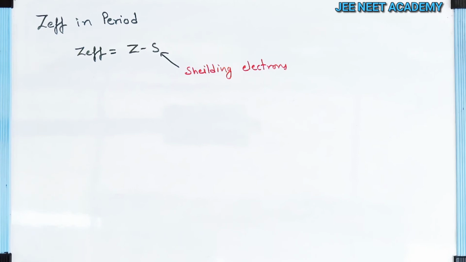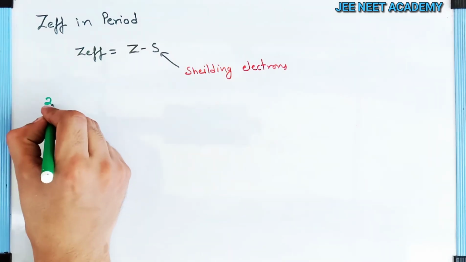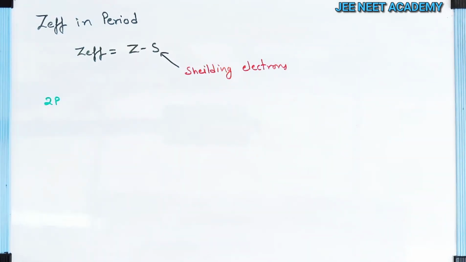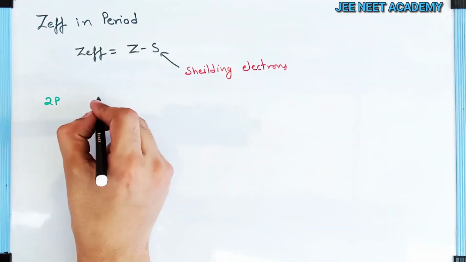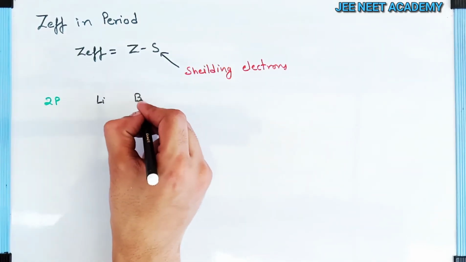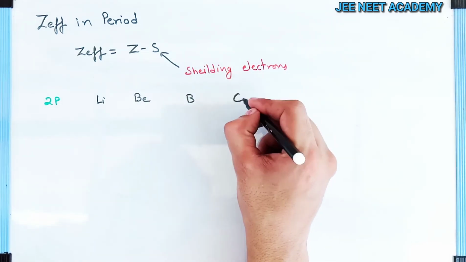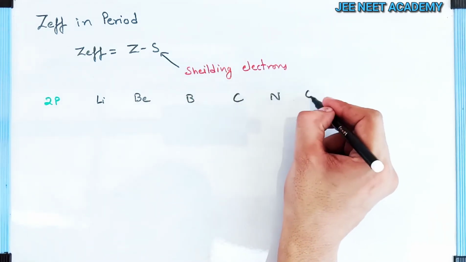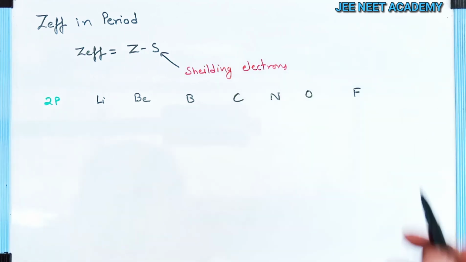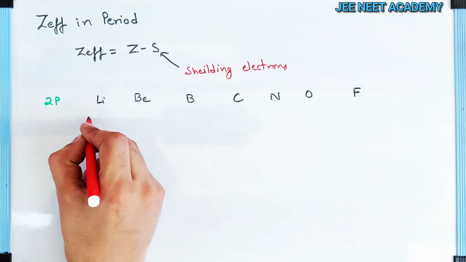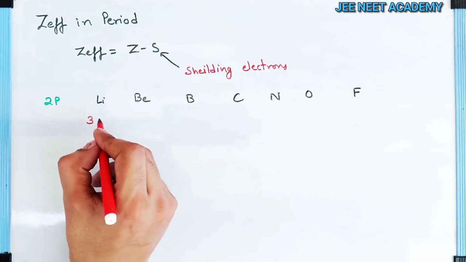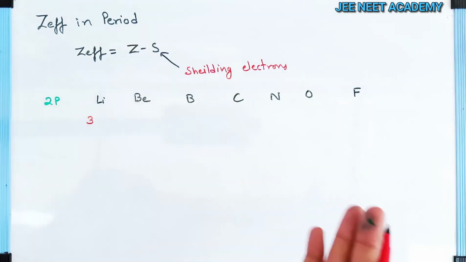If we take the second period, for example, the second period's elements are lithium, beryllium, boron, carbon, nitrogen, oxygen, then fluorine. So how many electrons are there in lithium in total? 3 electrons are there, and 2 electrons are inside.